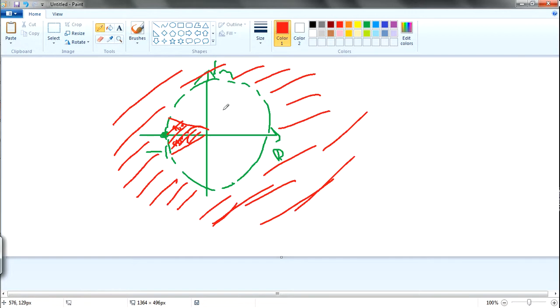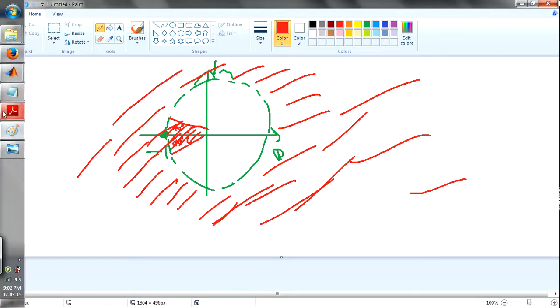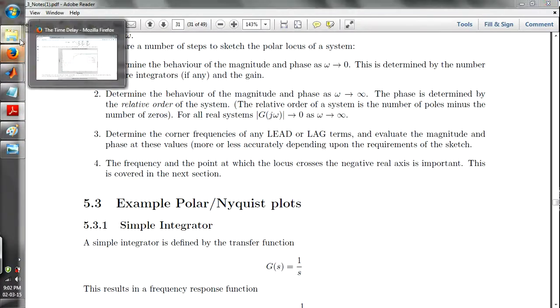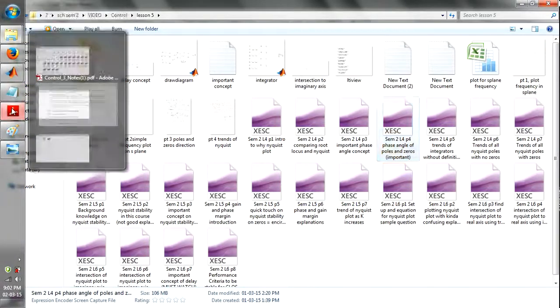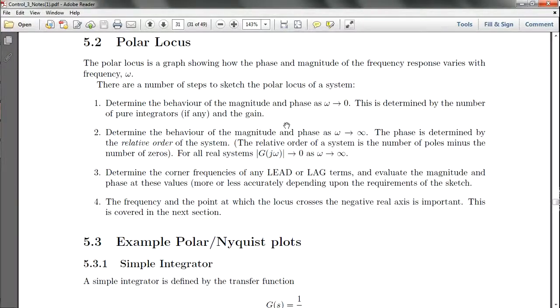If your locus is within this white color space, you are safe. If you are inside this red color zone, you are actually unstable. So this is what we do for the performance criteria part. So this is clear for this portion over here.